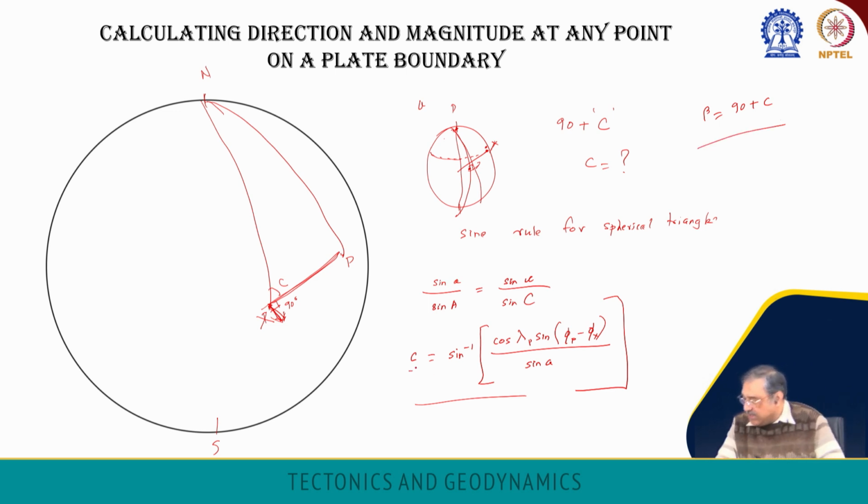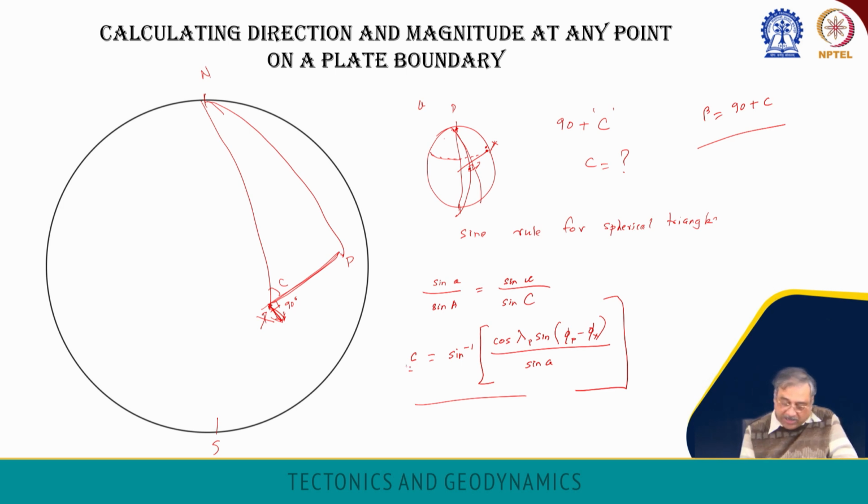Now the value of C that we get here, the sine inverse, remember that it could be double valued. So both of these are possible. So it's important for us to be able to specify which one it is. So this is where you have to intuitively work out exactly what that velocity would be.